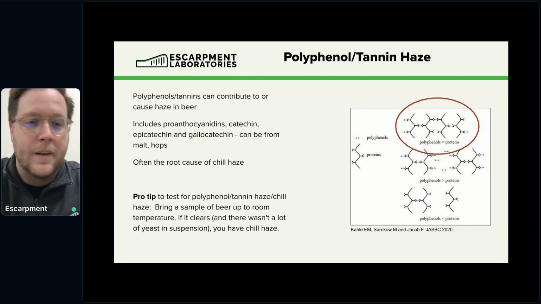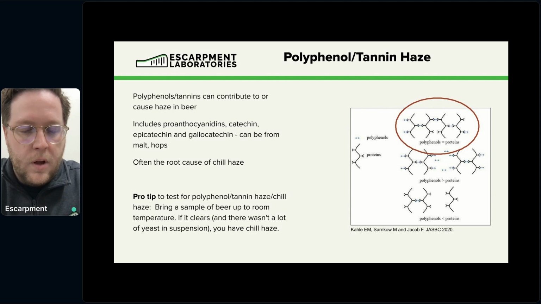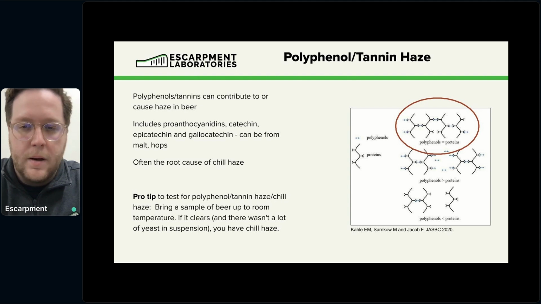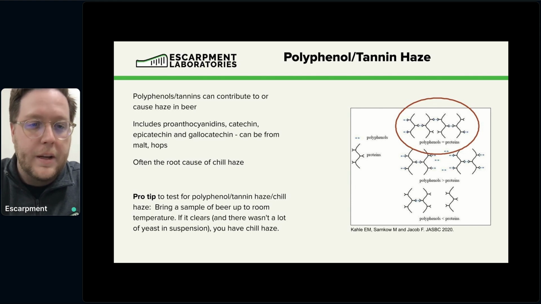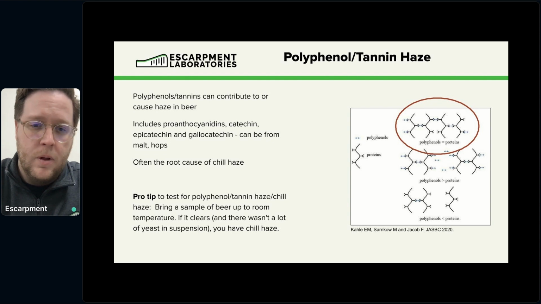If you're using other ingredients like tea or fruit, you might also get polyphenols and tannins from those. These are often the root cause of chill haze. So if you're dealing with a chill haze issue, this is the place to look. It can even be upstream in grain extraction, right? A lot of different factors in the mash will impact how much polyphenol and tannin is extracted from grains. So it can be a bit of a pain to troubleshoot.